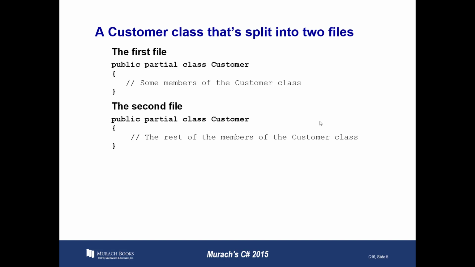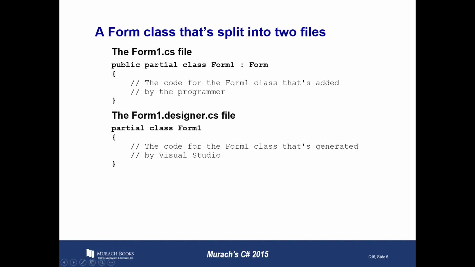All partial classes must belong to the same namespace and the same assembly. If a class you're working with becomes very long, you may want to do this. Visual Studio uses partial classes to separate the code that's generated for a form class from the code that's entered by the programmer, for example. All right, as shown here.